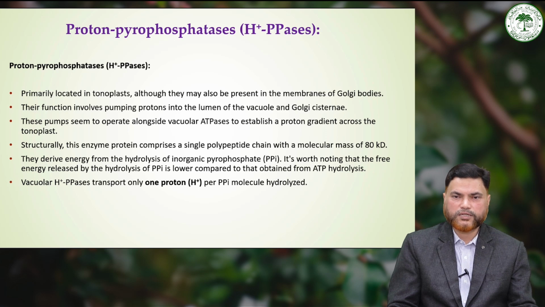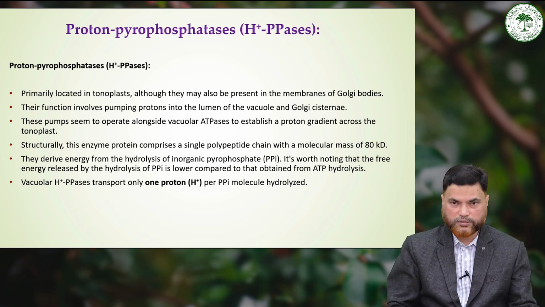These proton pyrophosphatases serve for pumping of protons into the lumen of the vacuole and Golgi cisternae, and these pumps are believed to work alongside the vacuolar ATPases to establish a proton gradient across the tonoplast. Vacuolar proton pyrophosphatases transport only one proton per pyrophosphate molecule hydrolyzed.